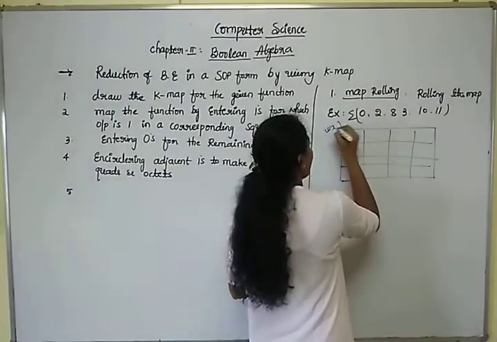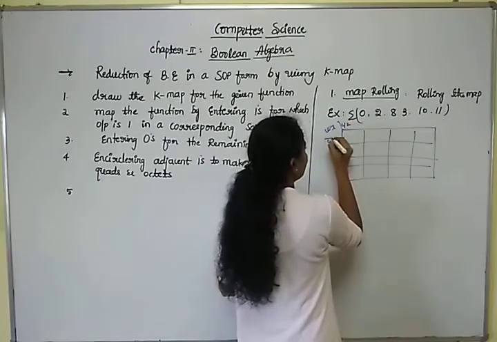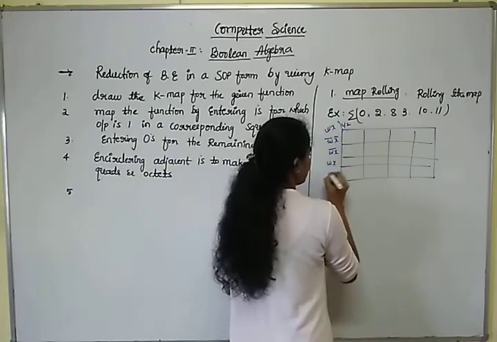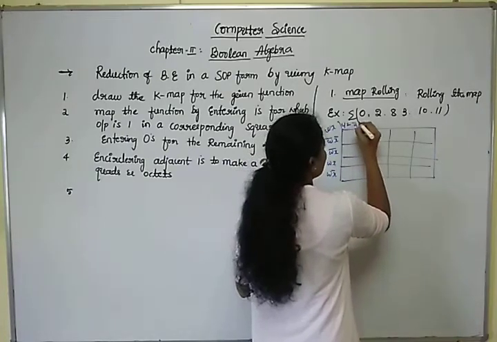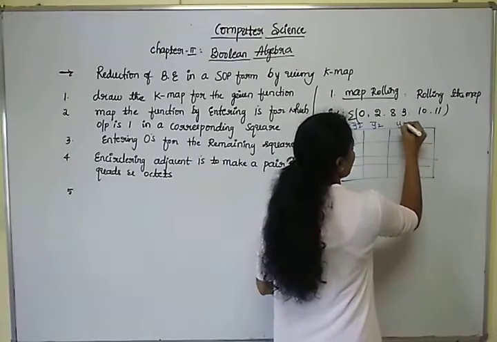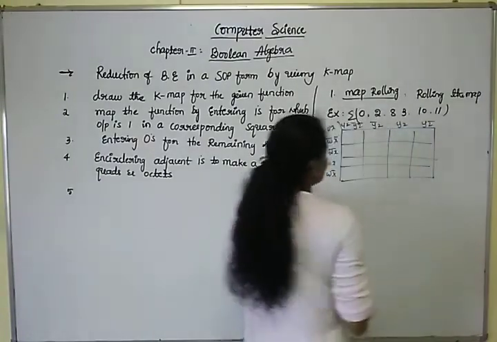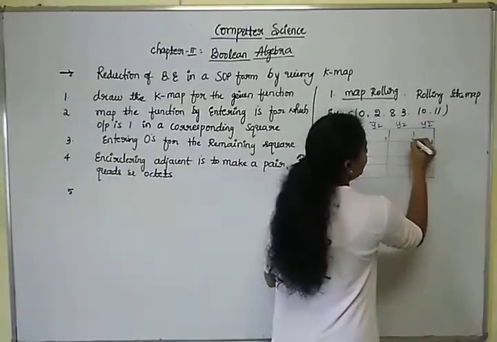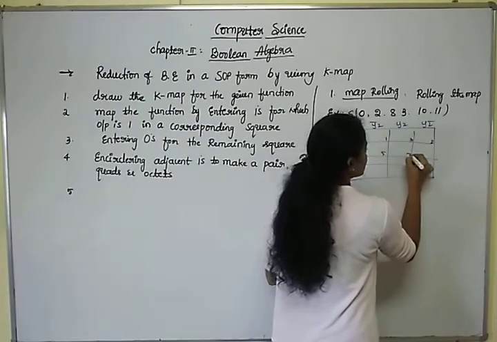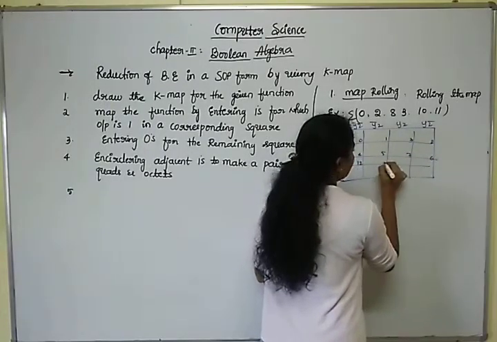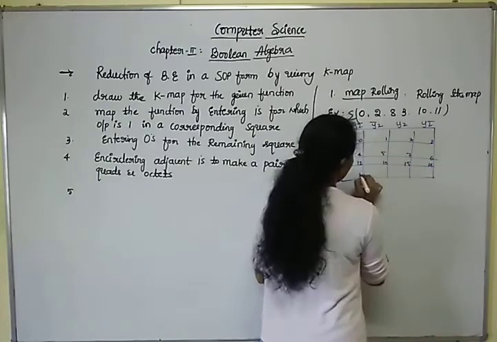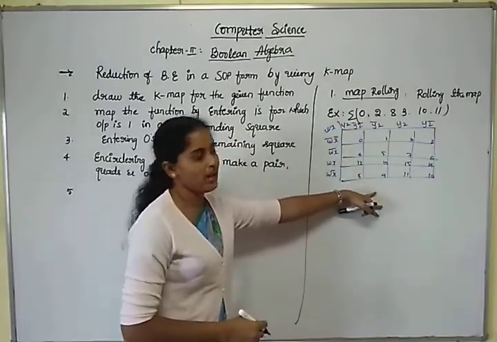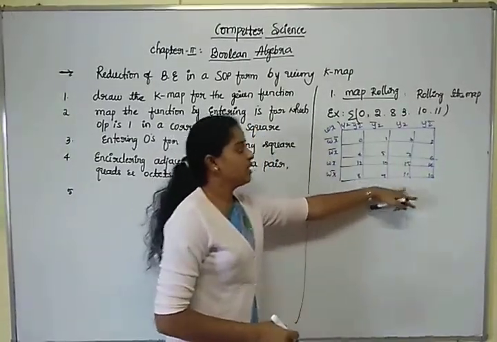Here W, X, Y, Z. Here W bar X bar, W bar X, W X and W X bar. Here Y bar Z bar, Y bar Z, Y Z and Y Z bar. The numbering scheme is 0, 1, 3, 2, 4, 5, 7, 6, 12, 13, 15, 14, 8, 9, 11 and 10. So this is the 4 variable K-map and this is the numbering scheme.